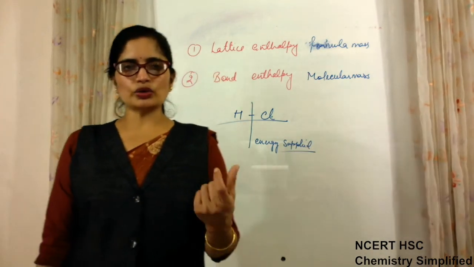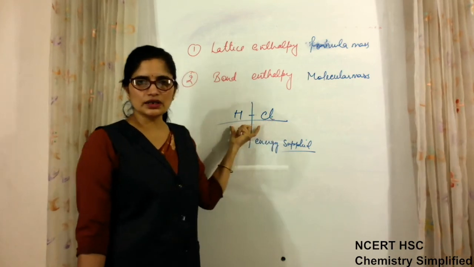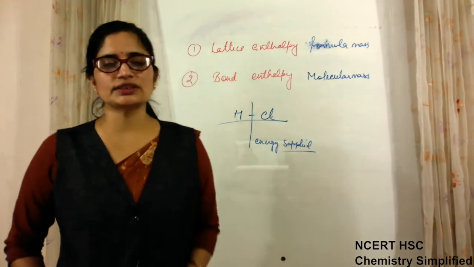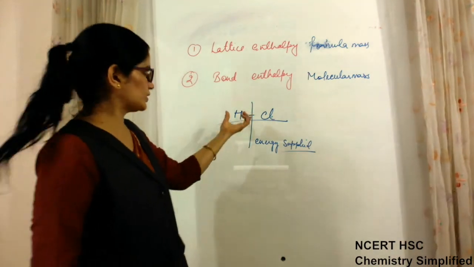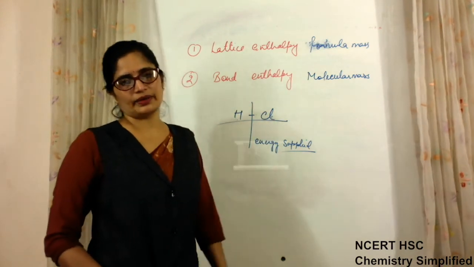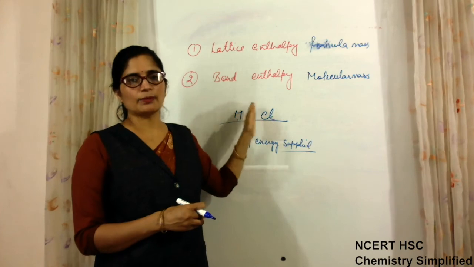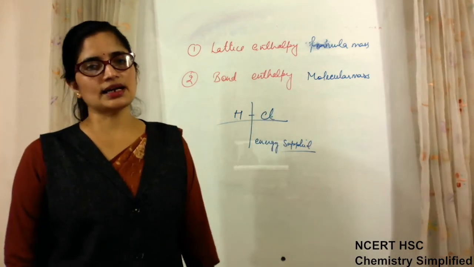So the amount of energy required to break a bond between the bonded atoms to convert them into gaseous ions is known as bond enthalpy. Okay, so this is the amount of energy which is required to break a bond between 2 bonded atoms to convert them into gaseous ions.